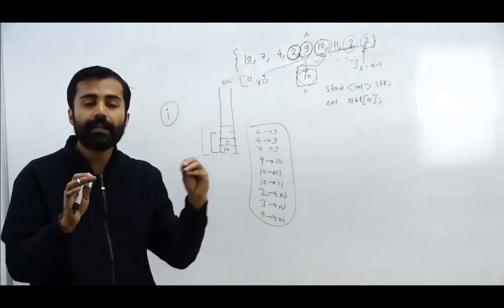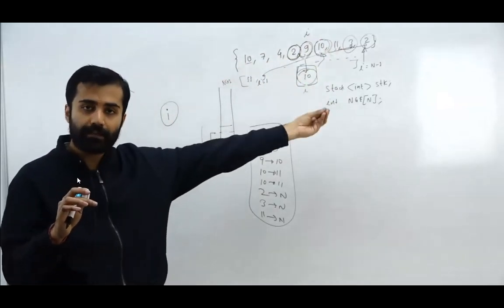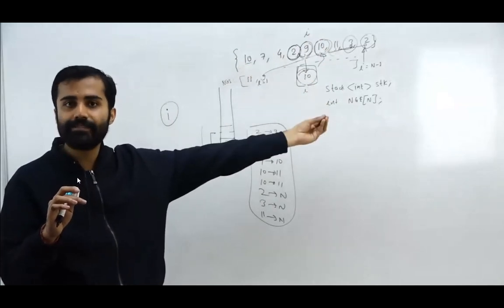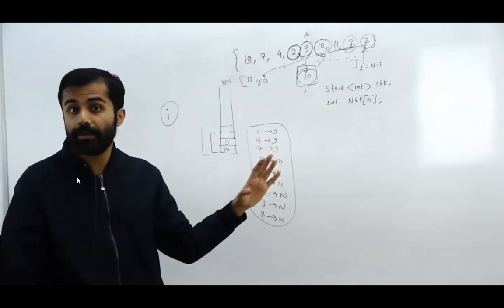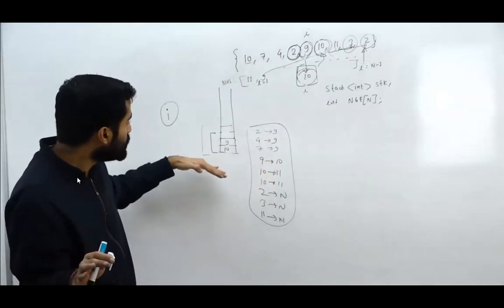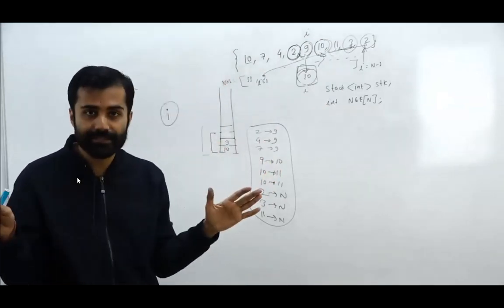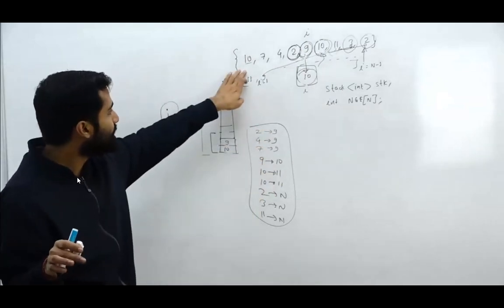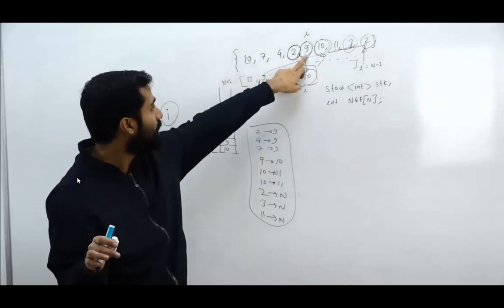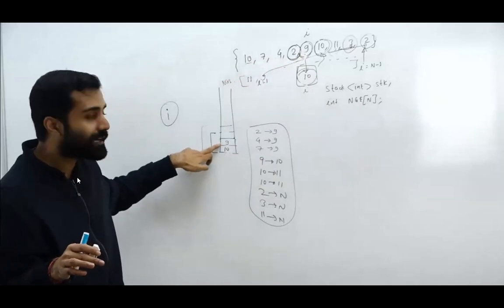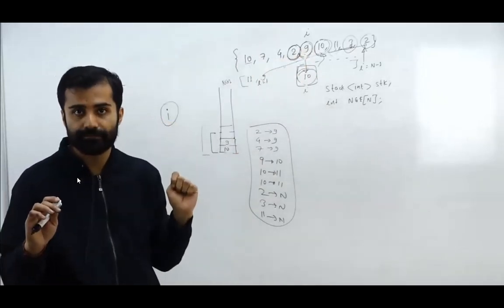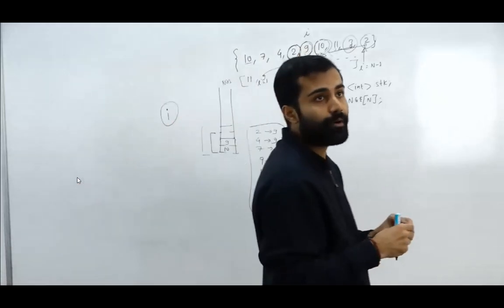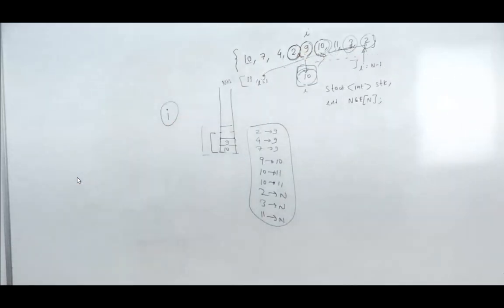But the point is, how do you place the correct NGE at the correct slot? How do you do that? You might not be able to do that if you just push integers in your stack. If you just push these elements 10, 7, 4 to 9, looking at this 9 in the stack, you will not be able to figure out what its index was. Do you get my point, what I'm trying to say? Yes or no?